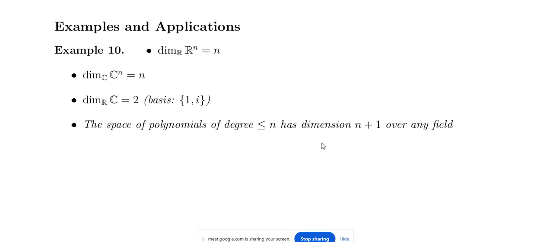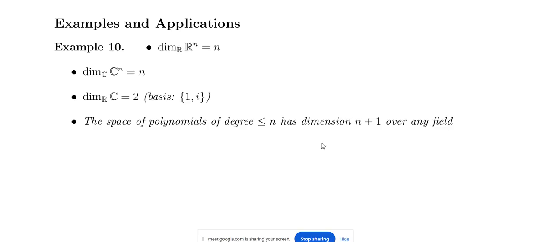The dimension of R^n over the field R is equal to n. The dimension of C^n over C is equal to n, but the dimension of C over the field R is equal to 2. Memorize the basis: 1, i is the basis.